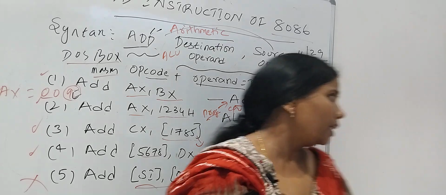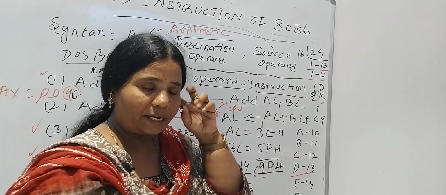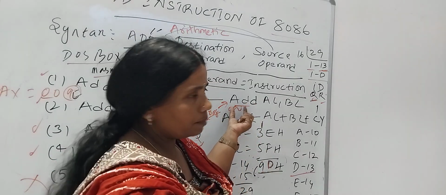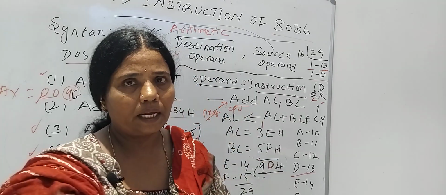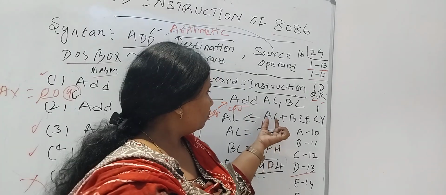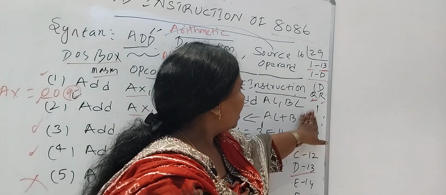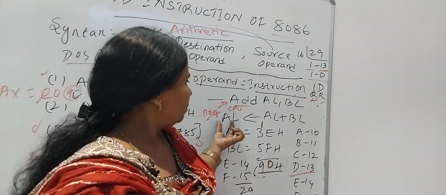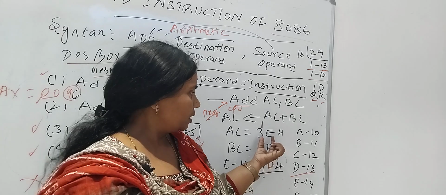Suppose we have written the instruction ADD AL, BL. BL and AL are 8-bit registers present in 8086. Once this instruction is given by the programmer, the 8086 CPU will execute it in the ALU. During the execution, it will add the contents of the AL and BL registers, and after adding, the result is placed in AL. Suppose AL contains the 2-digit hex number 3EH.